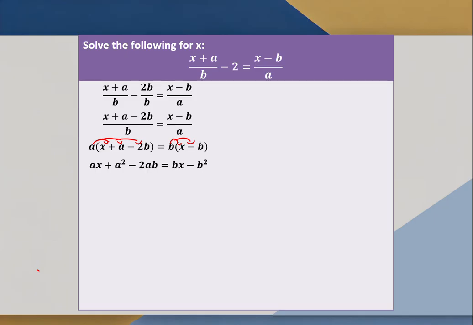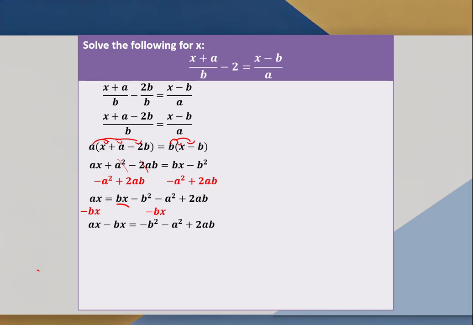So to do that, I'm taking away a squared, and I'm plussing 2ab to cancel these parts off. If I rewrite that, I'm just left with ax on my left-hand side. Do I have any x's left on my right-hand side? Just one, so I take away bx. That gives me ax minus bx.